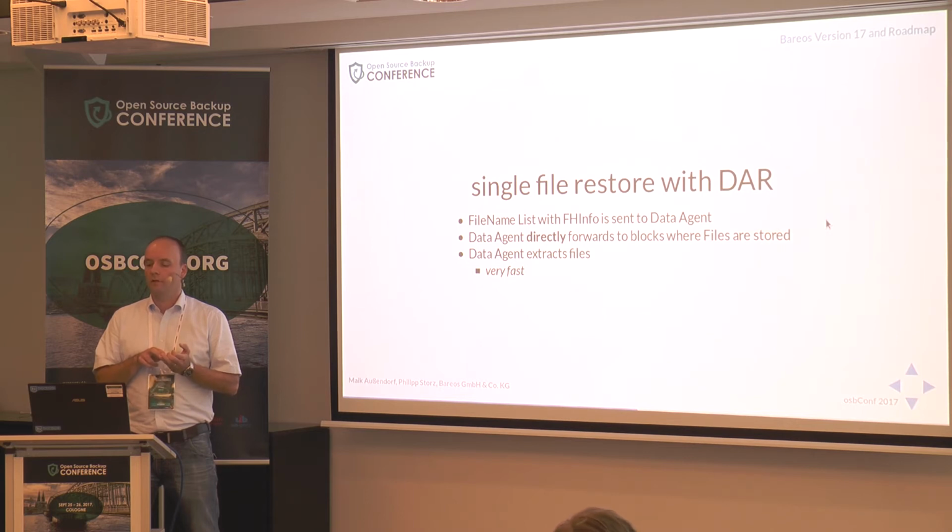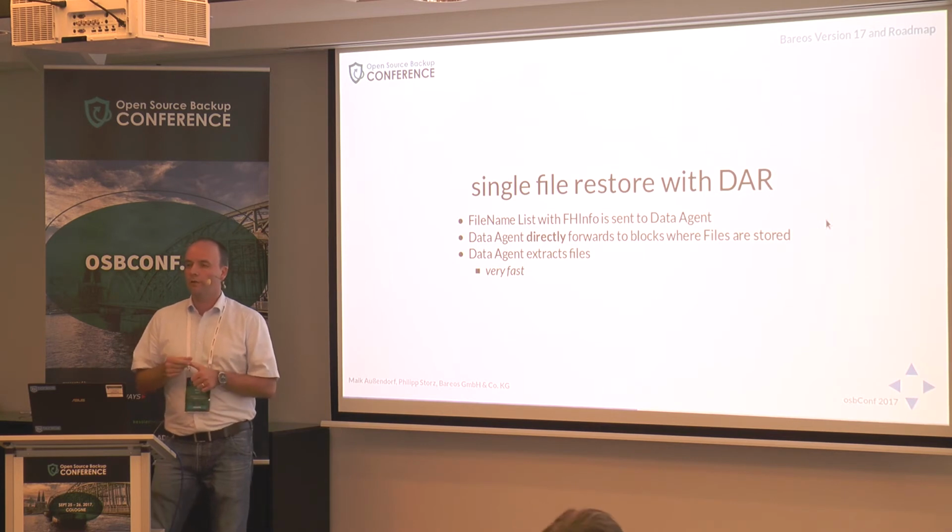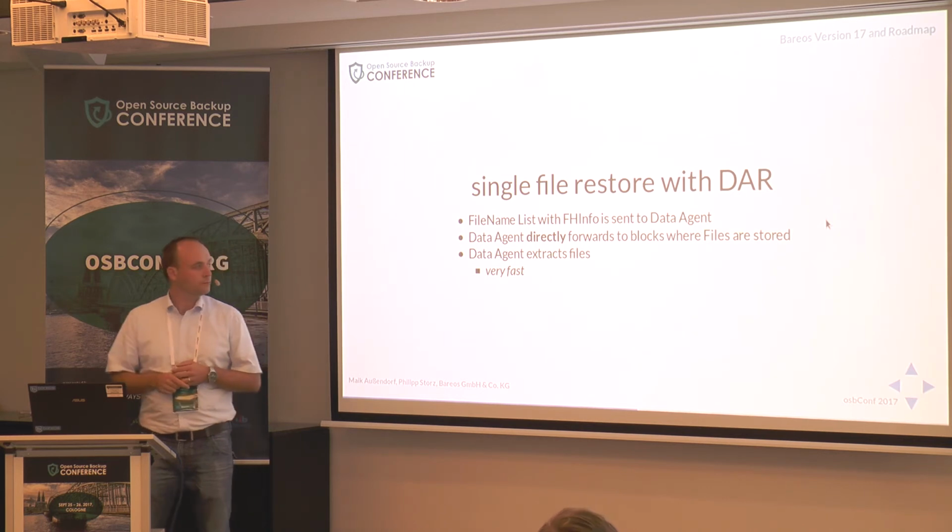These numbers are created by the DMA during backup, and they are the address inside of the stream where the data that was just backed up is located. This information is then used by the data agent to directly find out on which tape it is stored and in which blocks. It will automatically use the robot to load the right volume and directly fast forward to the block it needs. This then only recovers the files or the information that you are really looking for, and this speeds up your recovery speed by magnitudes.